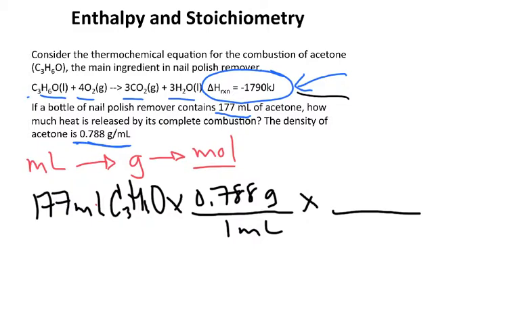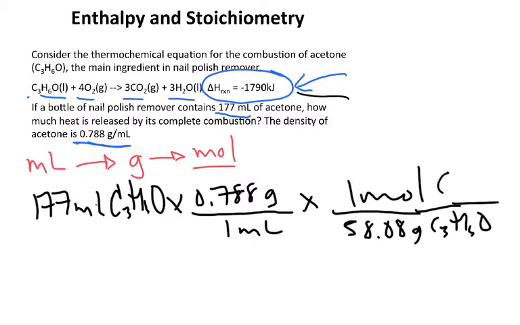Acetone's molar mass is 58.08 grams for every 1 mole of acetone. Let me put this in my calculator.